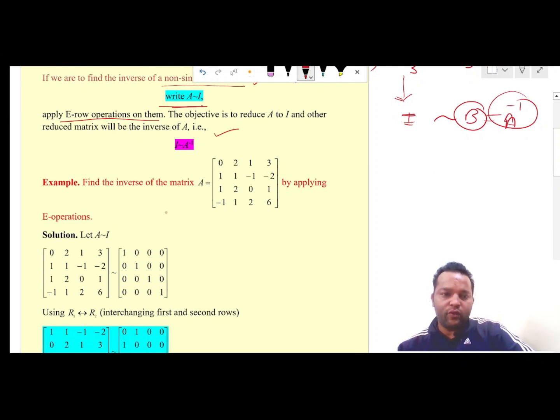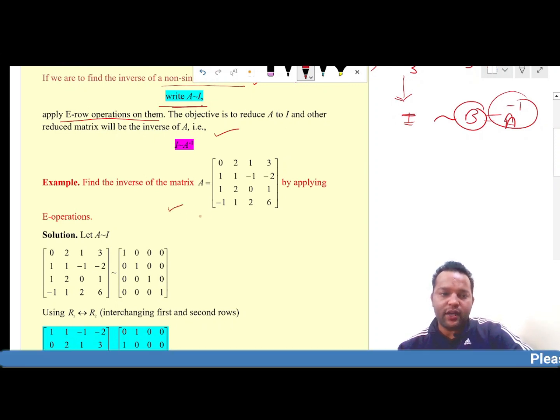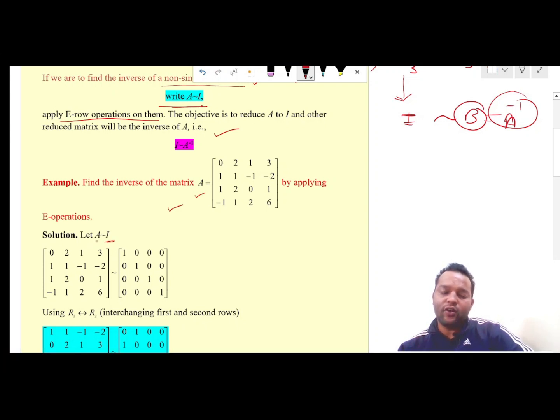So suppose we have to find the inverse of this matrix with the help of elementary transformations, or the Gauss-Jordan method. Our objective is first to write the given matrix A equivalent to the identity matrix of the same order as A. Here A is given as a matrix of order 4. Therefore, we have written matrix A equivalent to the identity matrix of order 4.